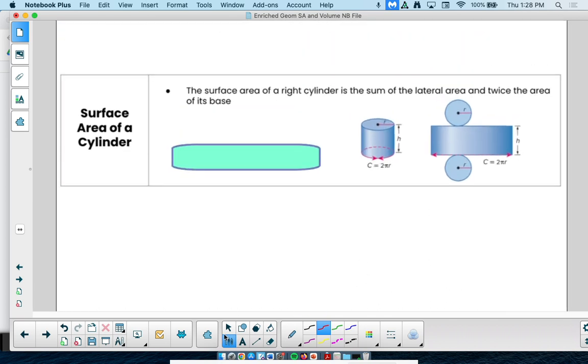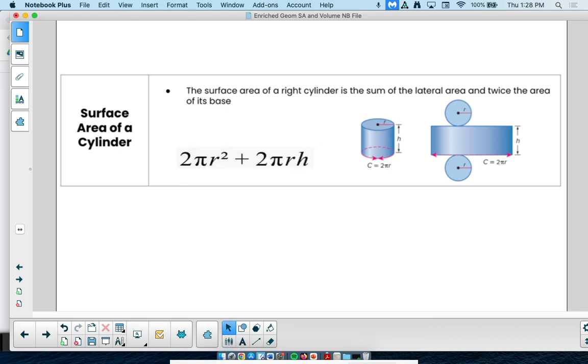Okay, what are your base shapes on a cylinder? Circles. How do you find the area of a circle? Pi r squared. And we have 2 of them, so 2 pi r squared. That's your base area. And then your lateral area, 2 pi r h.